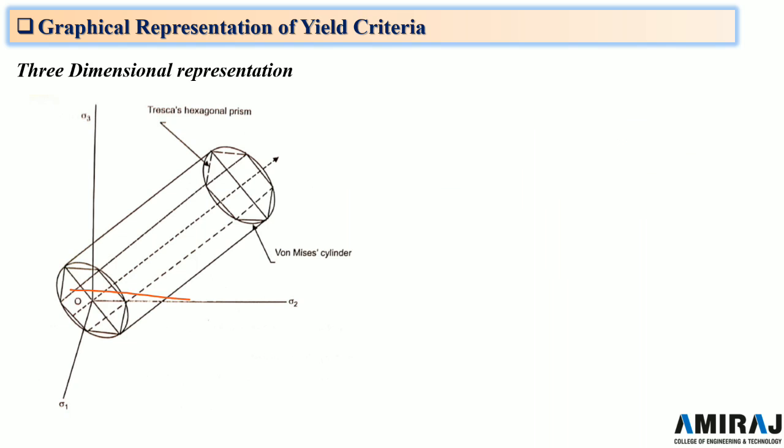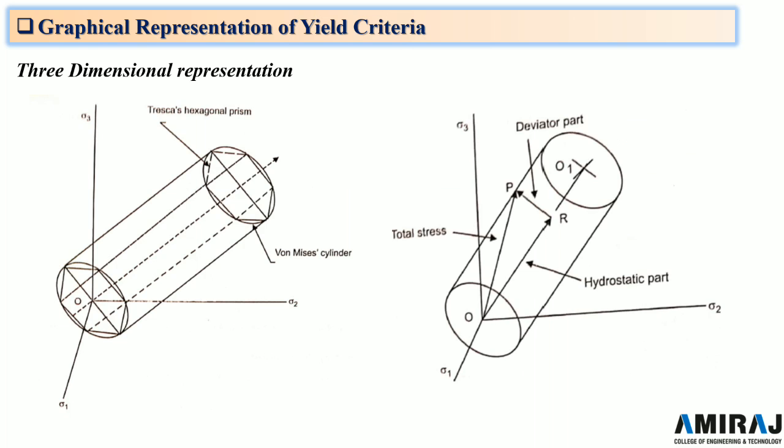The vector OP represents the total stress vector, while it is divided into two components, OR and RP, where OR represents the hydrostatic pressure part and RP represents the deviator component.